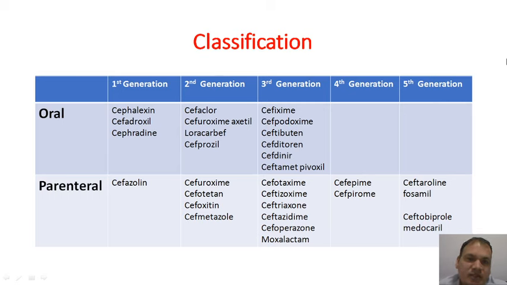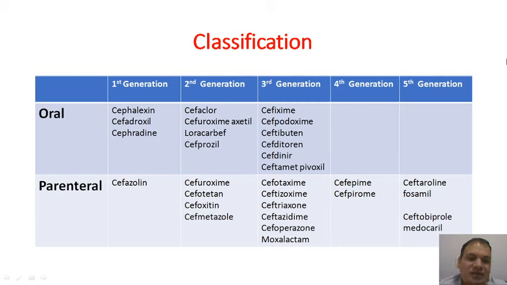The word ends with ME, so generally we can say it belongs to third generation, or cefpodoxime or cefotaxime. Then ONE, like ceftriaxone, cefoperazone. Or ending with TEN, like ceftibuten, ceftizoxime. These belong to the third generation.